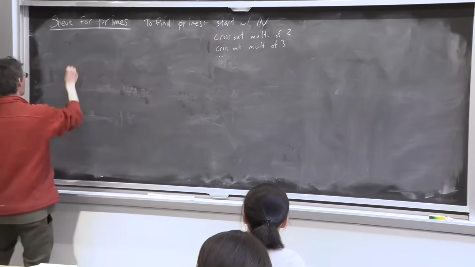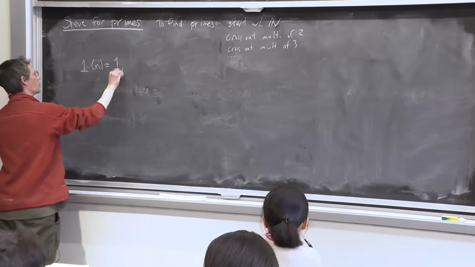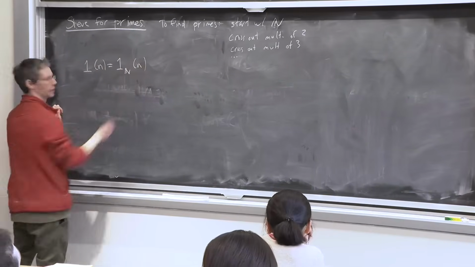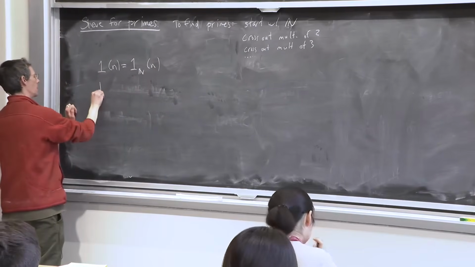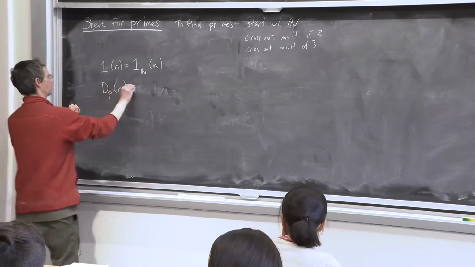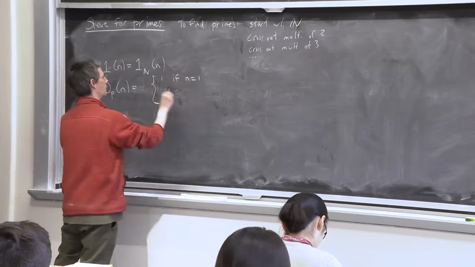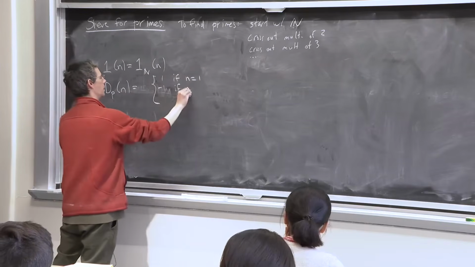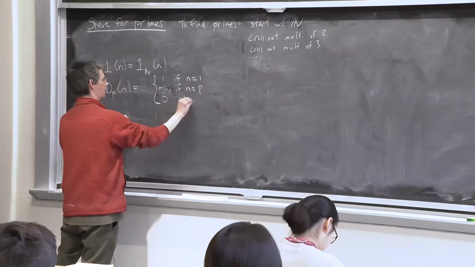I'm going to write 1 of n to be the characteristic function of all the natural numbers. And then the next function I'm going to define is called d sub p of n. It's 1 if n equals 1, and it's negative 1 if n is p, and it's 0 otherwise.